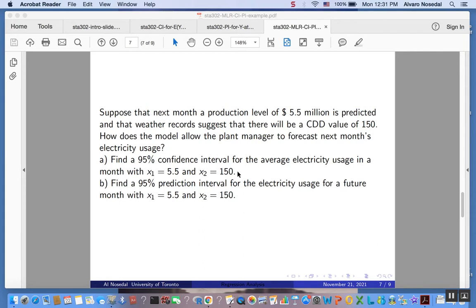Now part B is similar in the sense that we want to say something at the same combination of values for the predictor variables, but the important difference is that instead of a confidence interval, we want a prediction interval. So we're not interested about the expected value at that particular combination. No, we want to make a prediction. Okay? Okay.